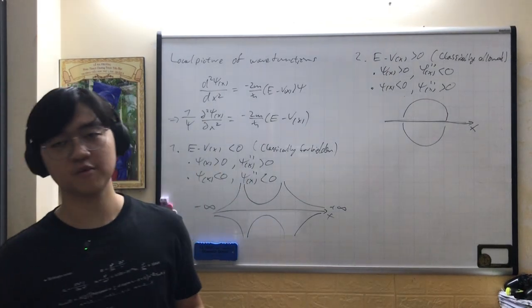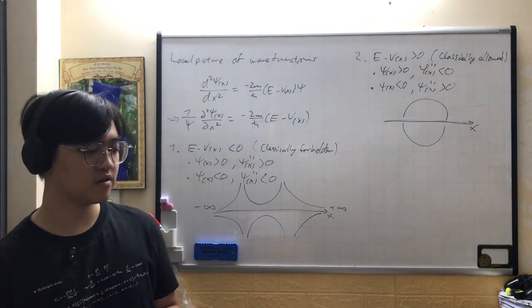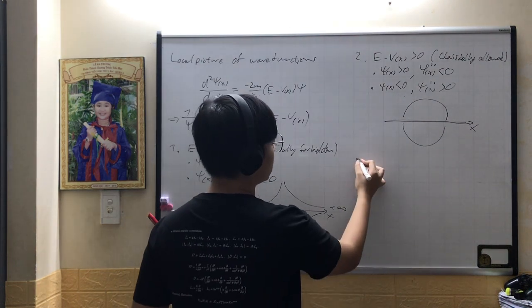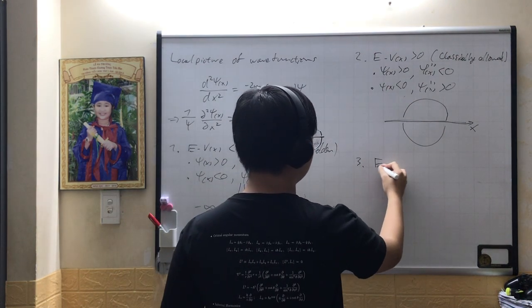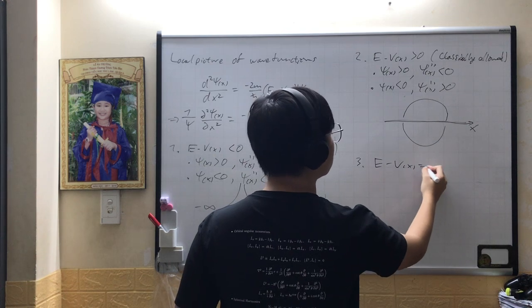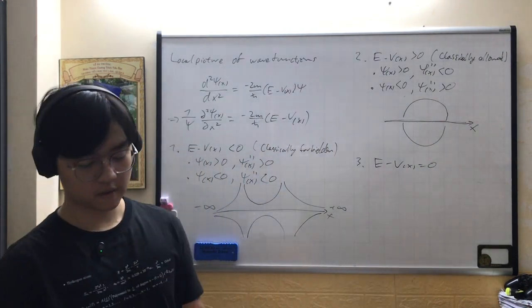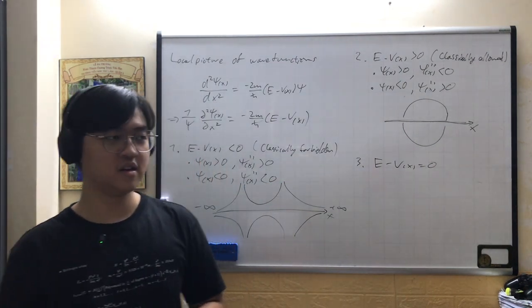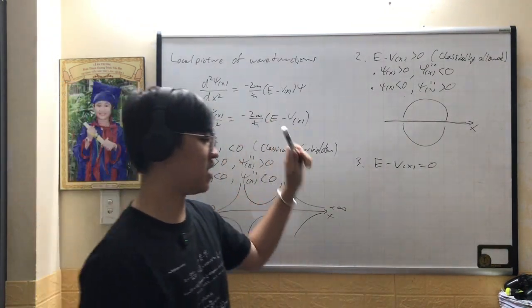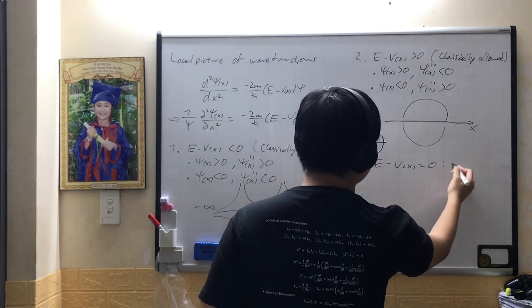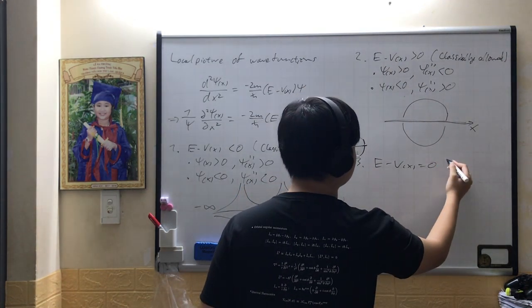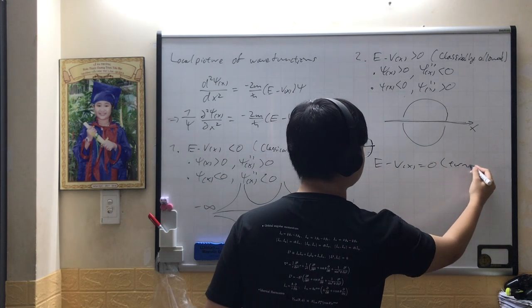And now we move on to our third case, which is when your E minus V is equal to 0. When this happens, it means that would be the turning point for your wave function. So these are turning points.